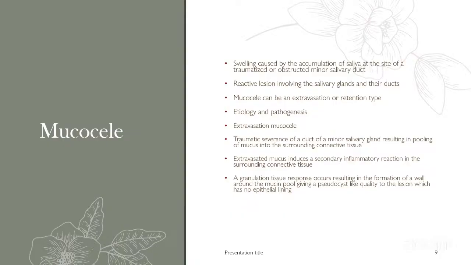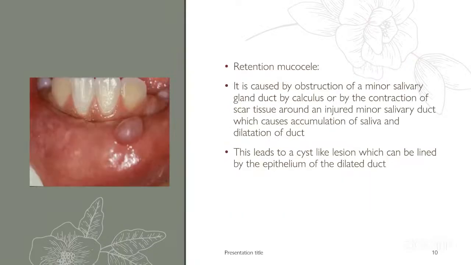So that's the extravasation mucocele. Whereas the retention mucocele is due to obstruction of the salivary duct by calculus, which results in the accumulation of saliva and dilatation of the duct, which gives a true cyst-like appearance since it is lined by the epithelium of the dilated duct. So this mucocele appears as a bluish, translucent, dome-shaped swelling, usually on the lower labial mucosa.